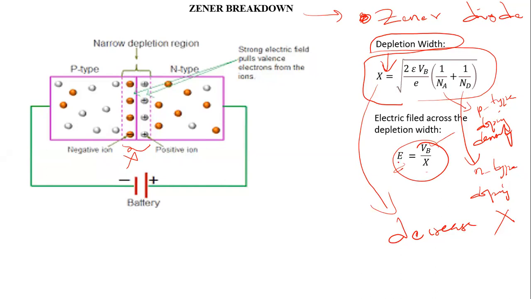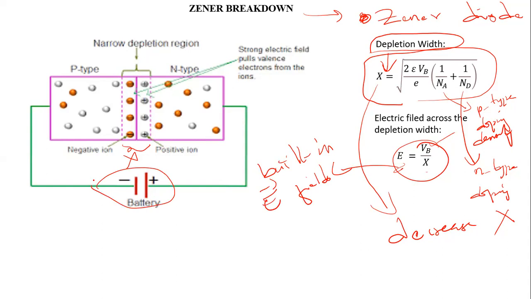So the built-in electric field, which means without any external biasing, is already quite large in the case of a Zener diode.